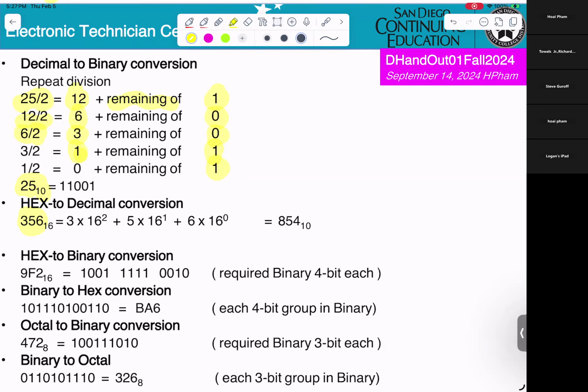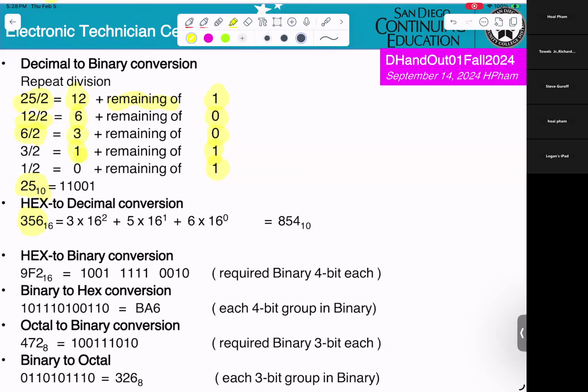But now, that's base 16. Okay? You want to know what the decimal equivalent of 356 in hex is.